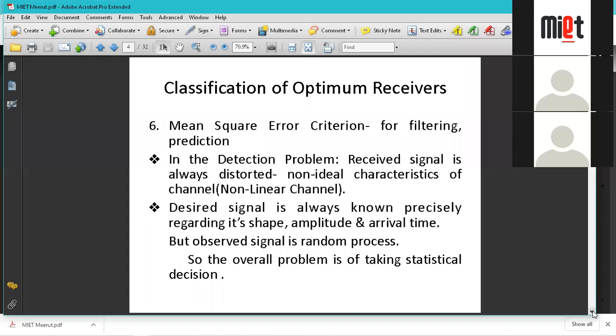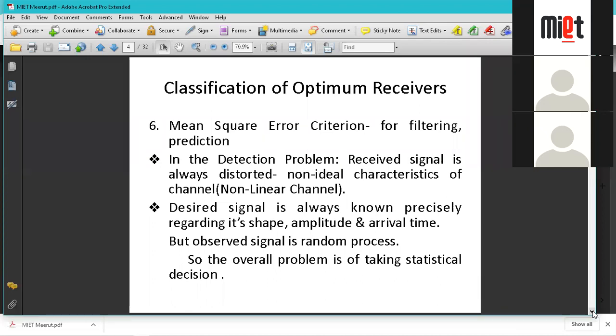There is another way of looking at the classification, like the mean square error criteria for filtering and for prediction. Here also we take the mean of the square, but the signal is random.